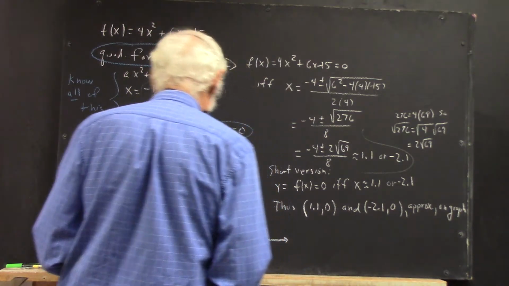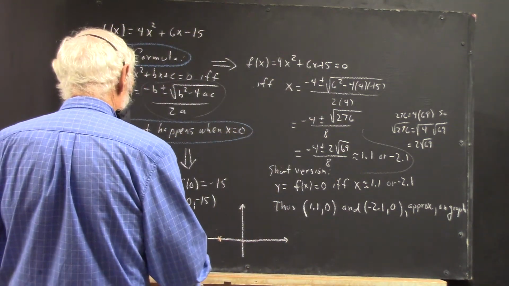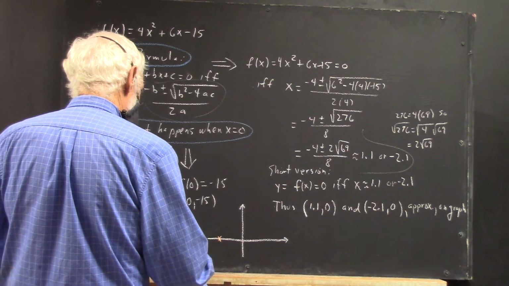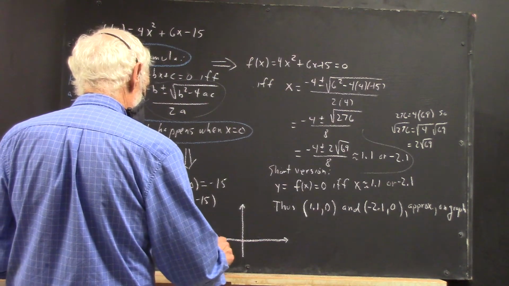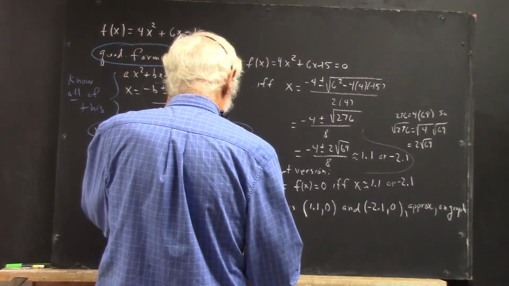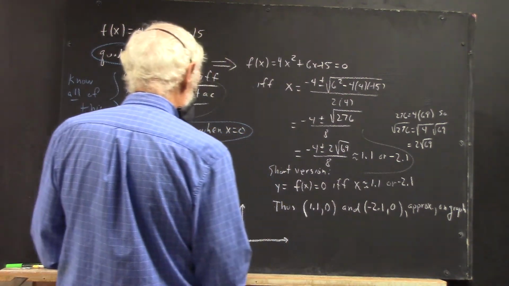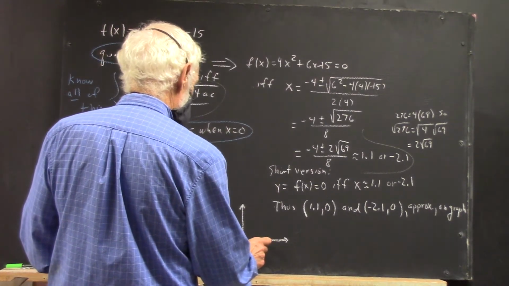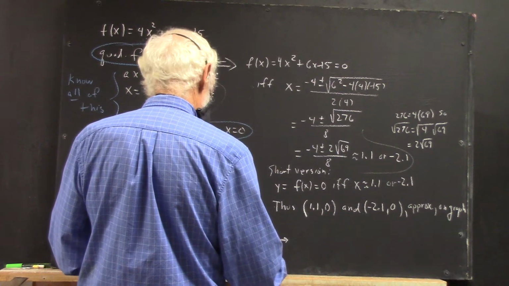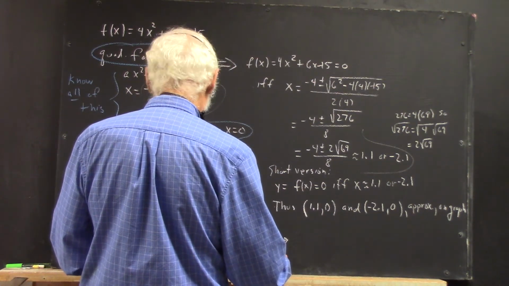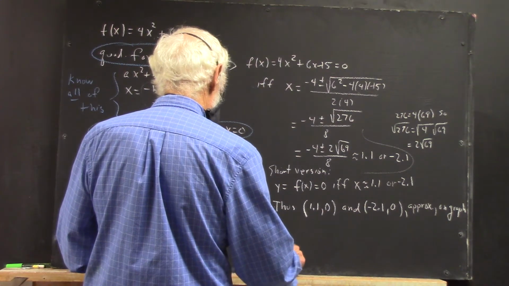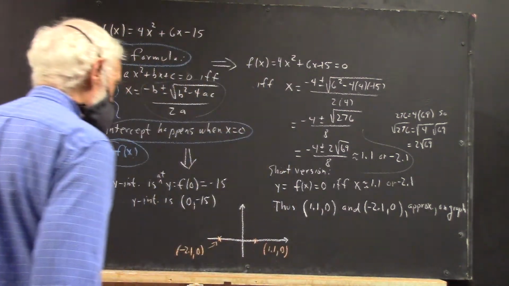Have to change a bunch of stuff. So this is the point. Negative 2.1, 0. And if that's negative 2, approximately, that's negative. Okay, so 1.1 ought to be probably about here. Of course, you can always draw a scale. And there's 1.1, 0.